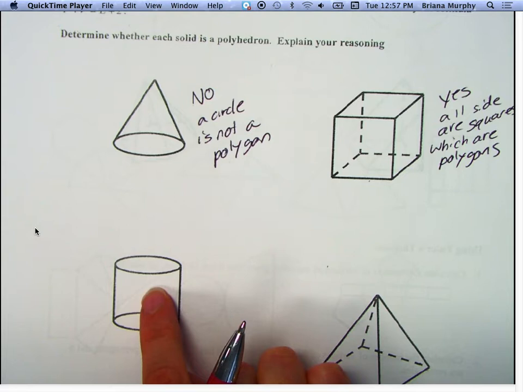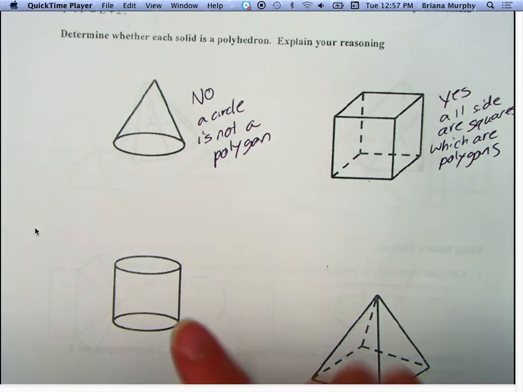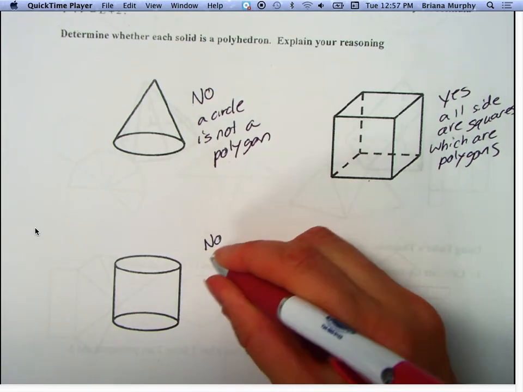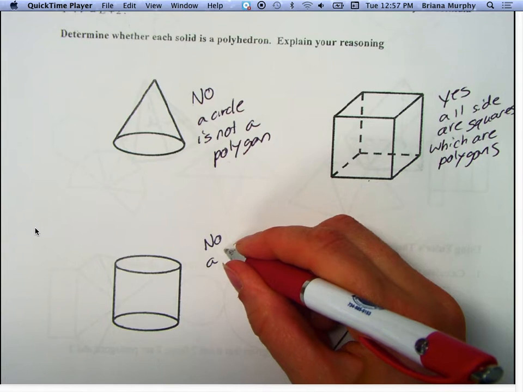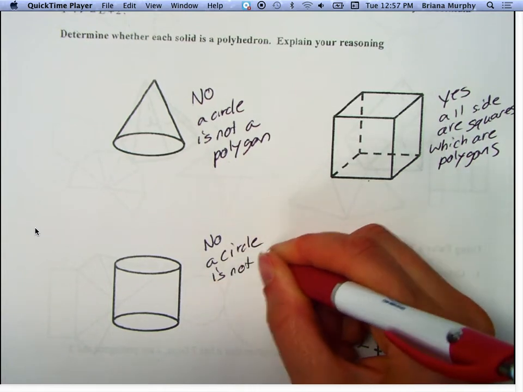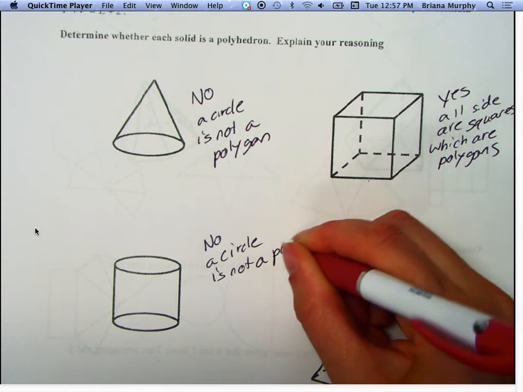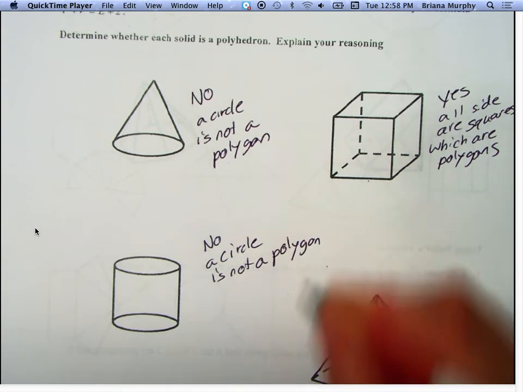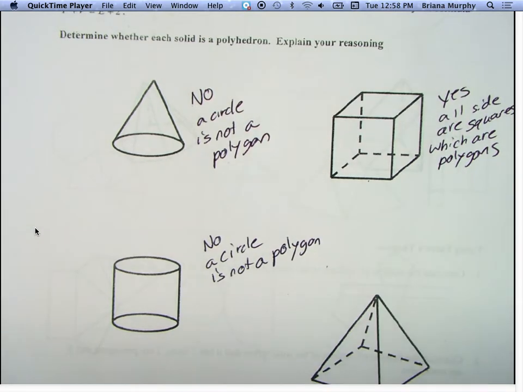Okay, is this shape right here a polyhedron? No. Again, a circle is not a polygon. It's a cylinder with a circle at the top and the bottom, so it is not a polyhedron.